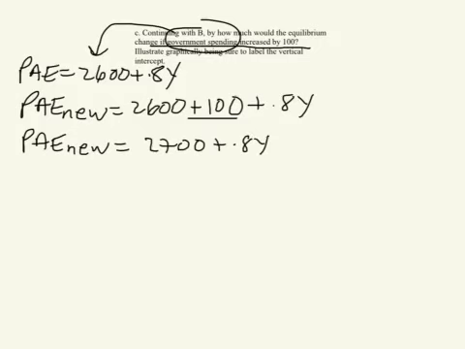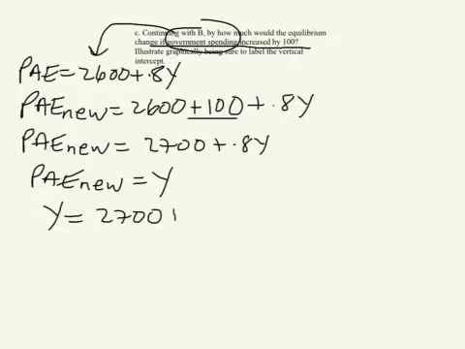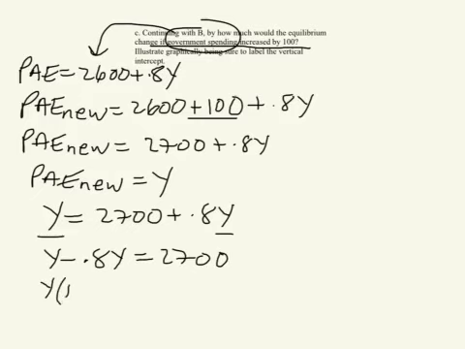Okay, and I also know that in equilibrium, this condition is true, so it must be the case that y in equilibrium is equal to 2,700 plus 0.8y. Now I'm going to solve for y. I've got y's on both sides, so I'm going to subtract 0.8y from each side. I get that. Now I'm going to factor out y times (1 minus 0.8) equals 2,700.